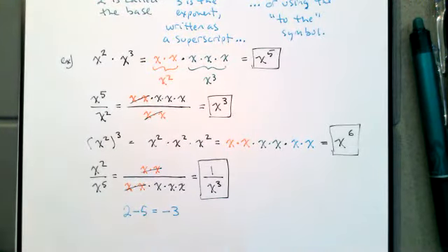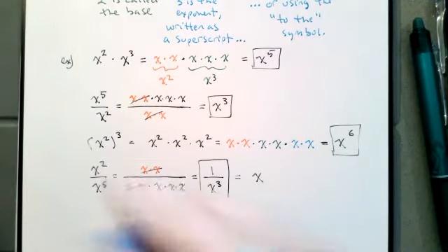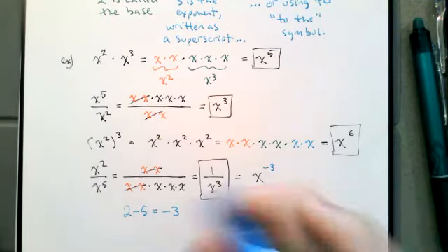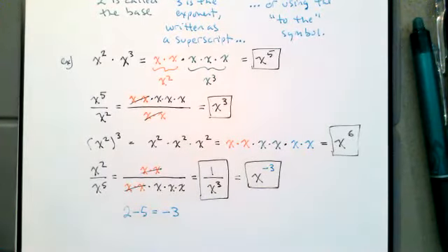So I can read 1 over x to the 3rd as x to the negative 3. So negative exponents are a thing. Negative exponents just indicate the base is in the denominator or the opposite side.